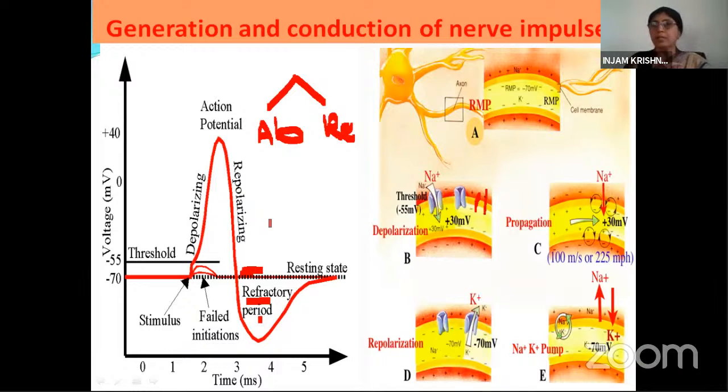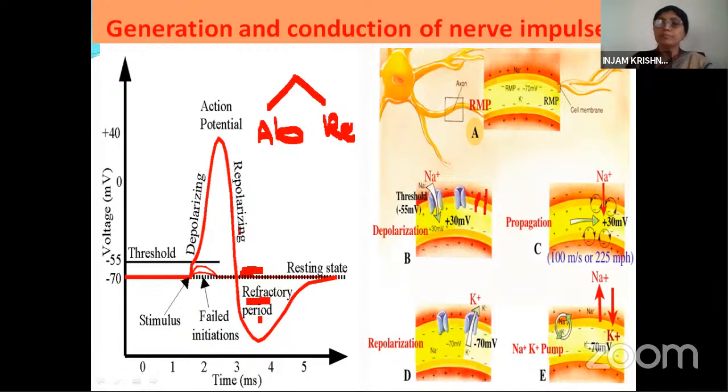Relative means your mother requests you and you say I can't do it, but then she collapses completely. If you see that situation, what will you do? You will get the energy and do the work. Okay, this is called relative refractory period. I think you might have followed it.